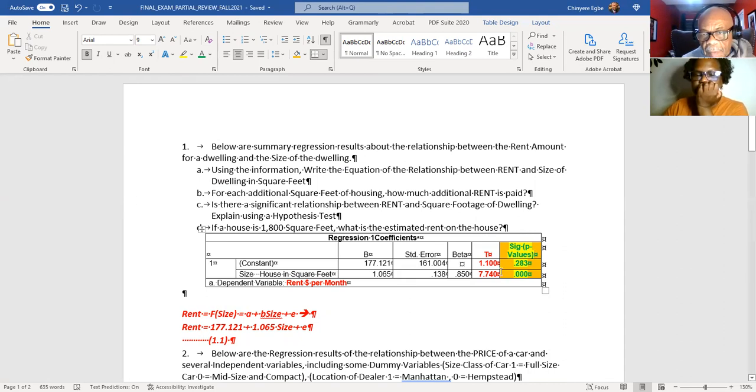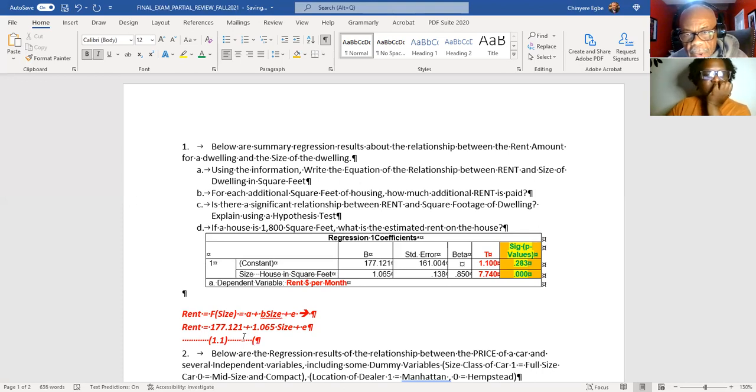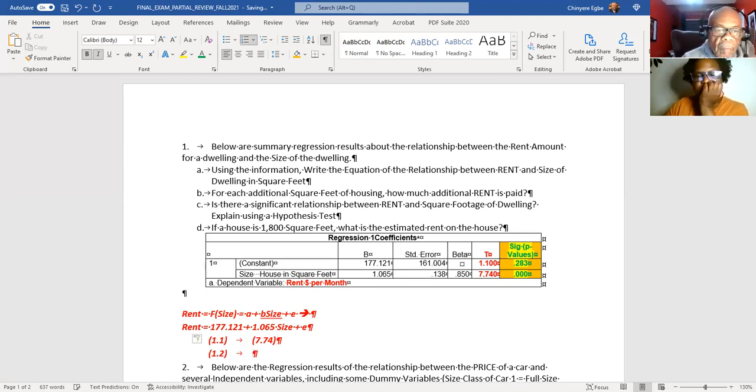But you can use the t and do your test. And below the t-value, there is 7.74.